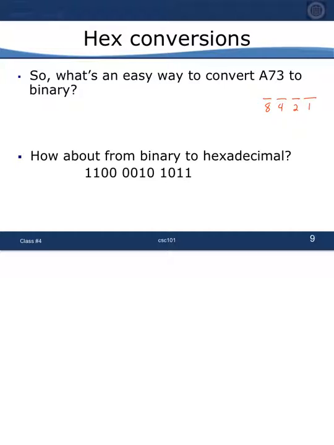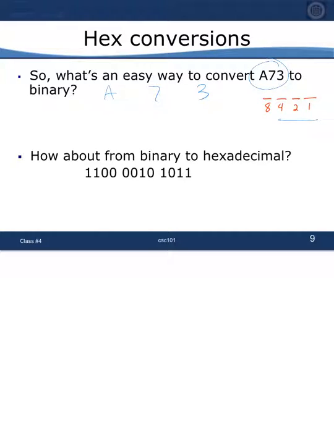So let's just do a couple quick conversions here. If I have the hex number A73, and I want to convert that to binary, an easy way is to write it here, A73. Each hex digit corresponds to 4 bits, 4 binary digits.